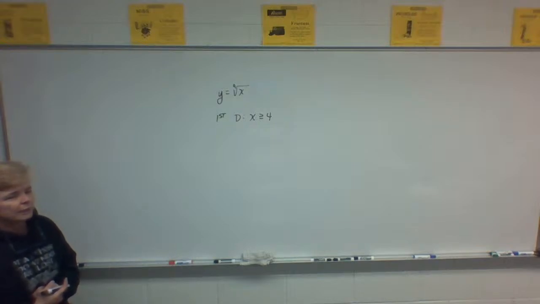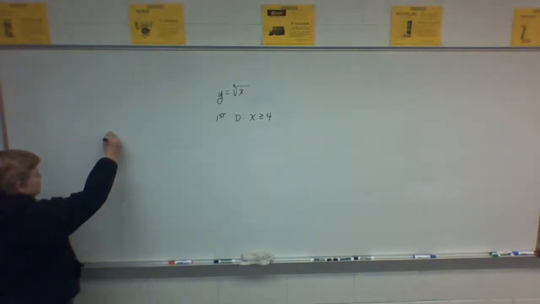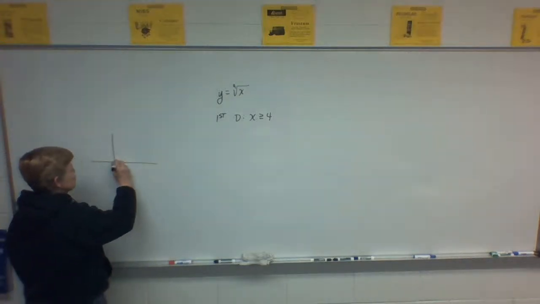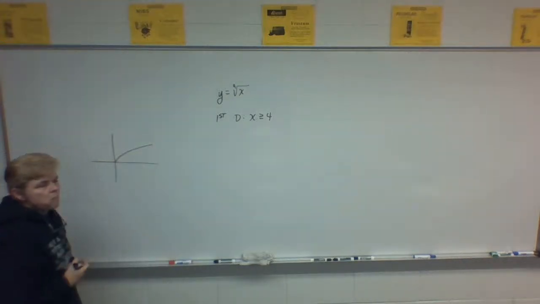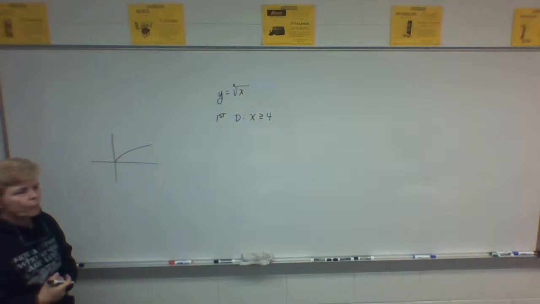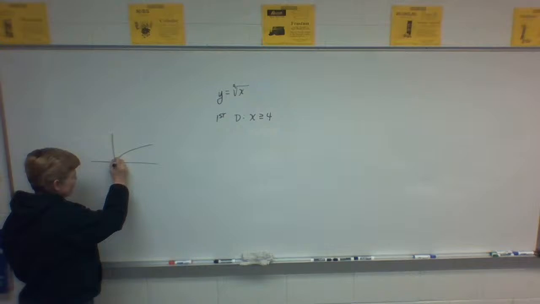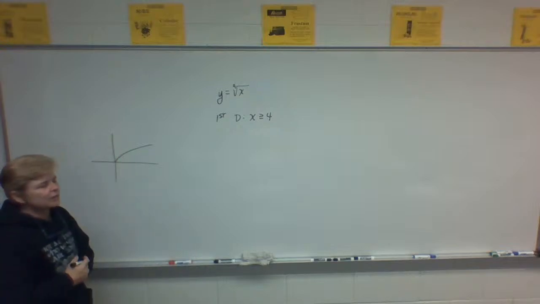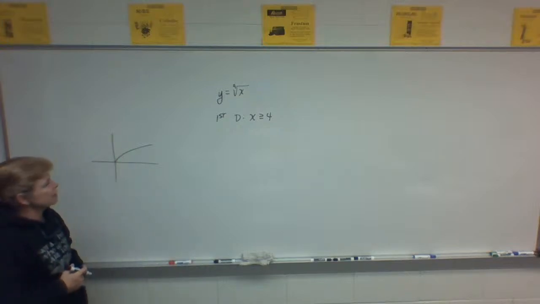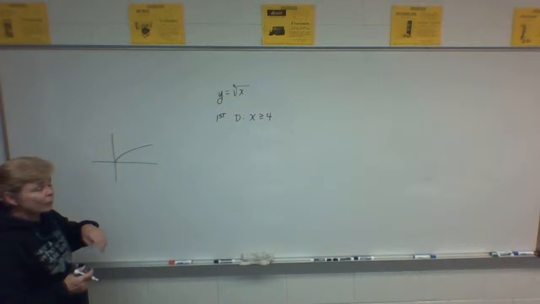What does a fourth root look like? Looks a lot like a square root, only it's a little fatter. Okay, it's more flat right there, but it doesn't matter. So it's got the same basic thing. That's what the parent function looks like. How are you going to make it? What, by the way, is the domain of the parent?